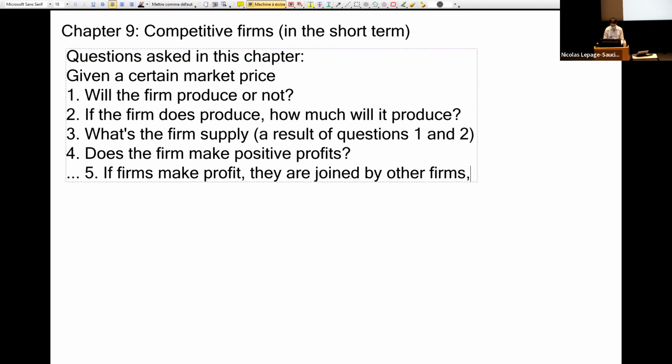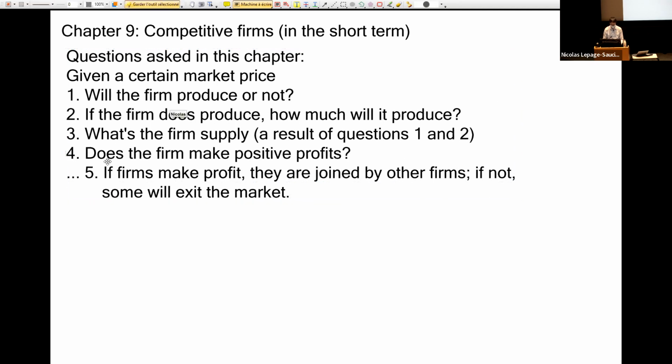And if not, they will exit the market. But this is so long term. So here, short term, I should say, not that, but long term.